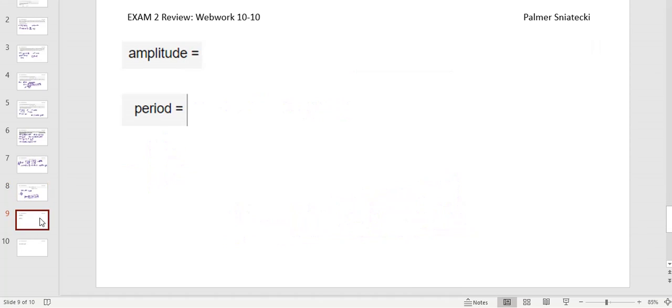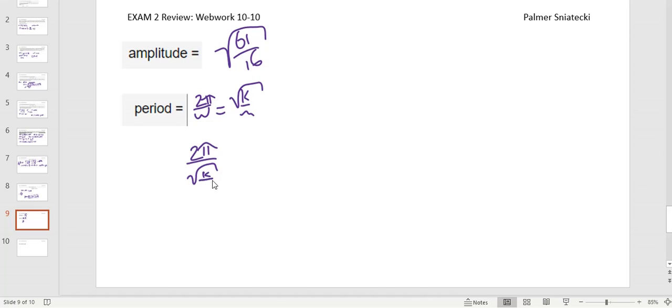It does have one little extra thing at the end, is it wants you to say the amplitude and the period. The amplitude we already know is square root of 61 over 16. And the period is 2 pi over omega, and omega is equal to the square root of k over m. So 2 pi divided by square root of k over m.